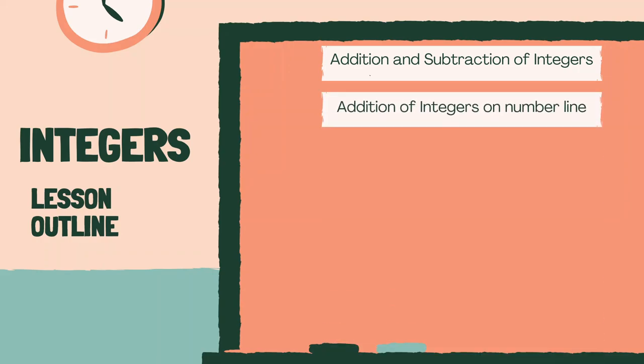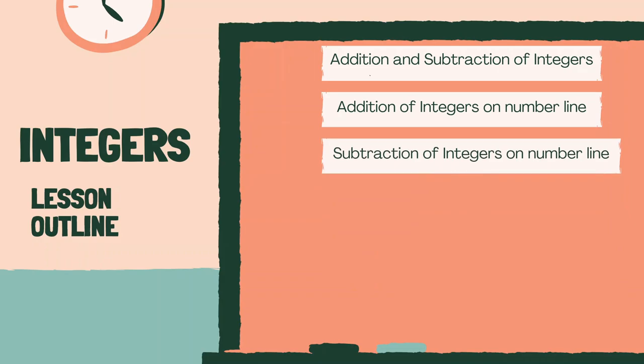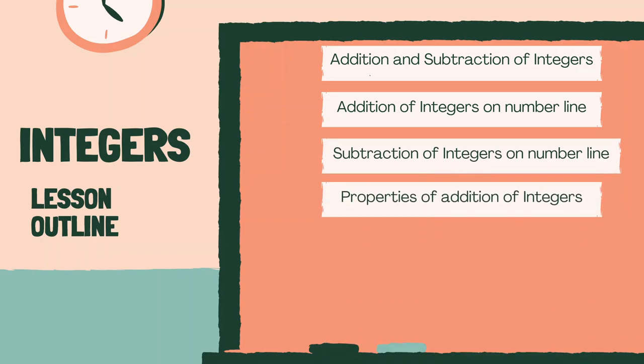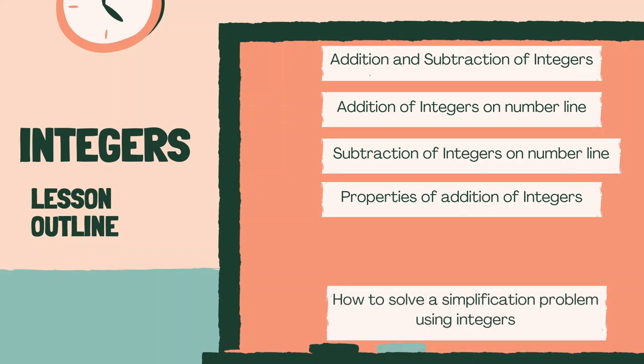Then we will learn about addition of integers on a number line and subtraction of integers on a number line. Then we will learn about various properties of addition of integers. These are very interesting topics and I think you will like them very much.